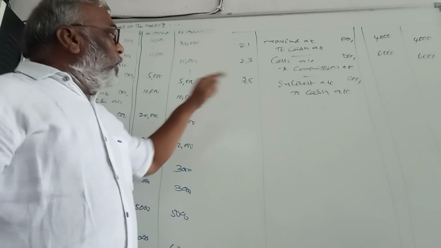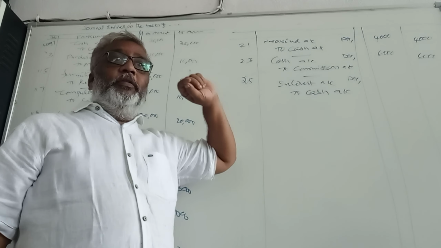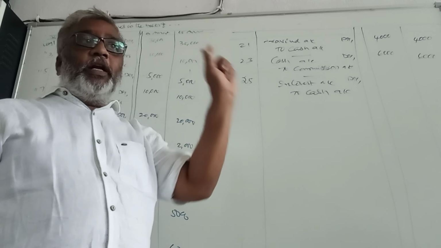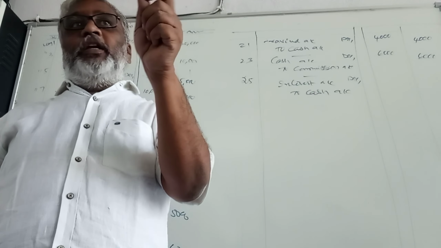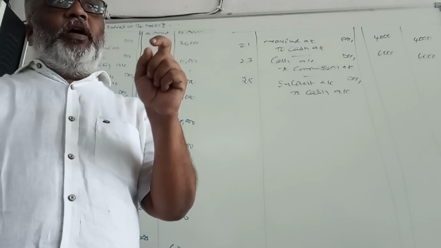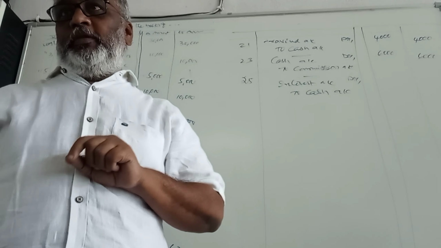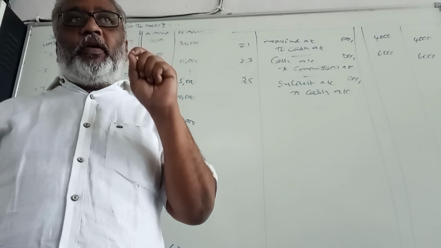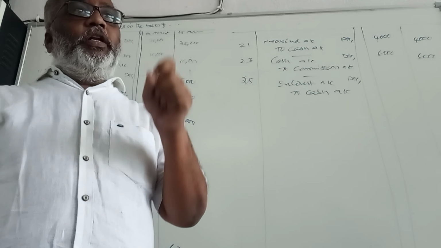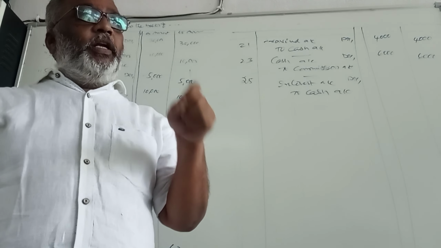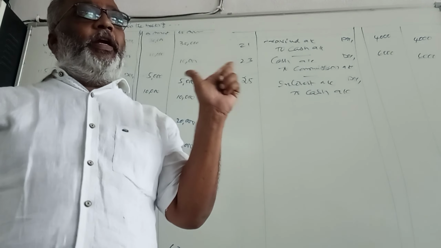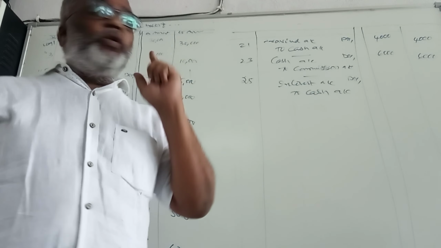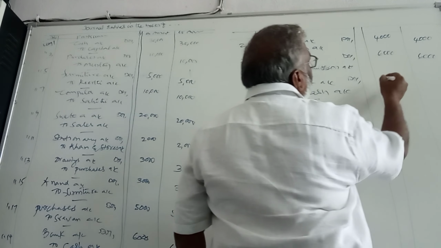Interest paid is the transaction. It is not necessary to write Arvind's name. Interest account debit to cash account. Tell me the amount. 3,000.